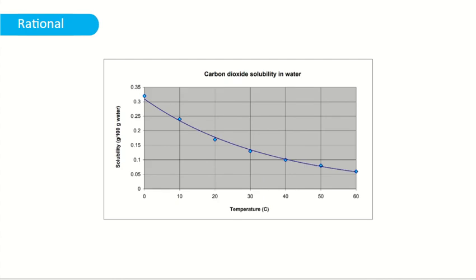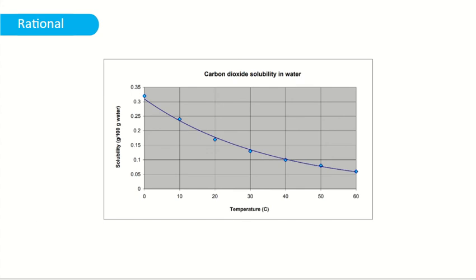As the temperature of the water increases, the solubility decreases. The warmer the water, the more the carbon dioxide comes out. That's why if you have a hot soda and a cold soda, the hot soda will go flat sooner, and the cold soda will stay bubbly and carbonated for a longer period.